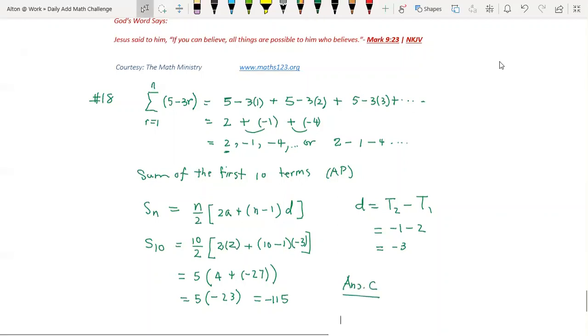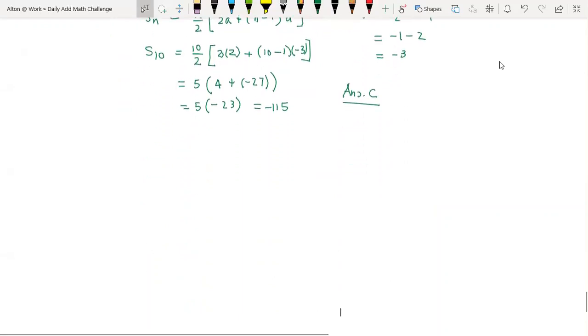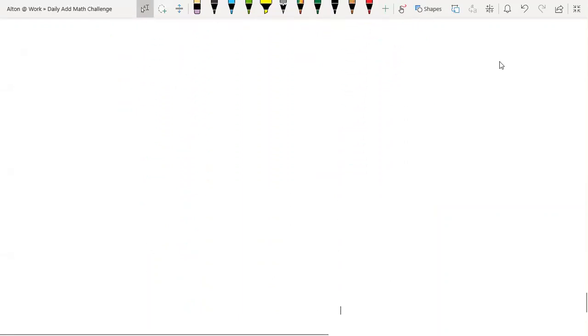Okay, there's a question before question number 18, which is also part of our discussion today on series. The one that we just did was number 18, so let's go back a bit. Number 17.